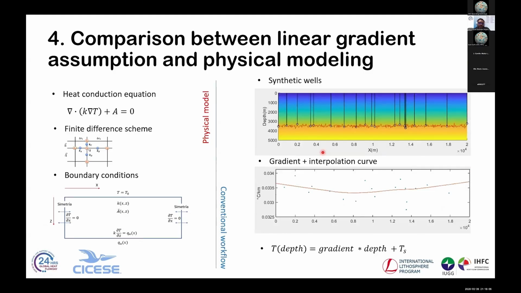Well, so considering that thermal conductivity increases at depth, we tried to measure how important it is to consider that variation at depth against a linear gradient assumption. To do that, we use a physical model based on the heat conduction equation. We discretize that equation using a finite difference scheme and very conventional boundary conditions.